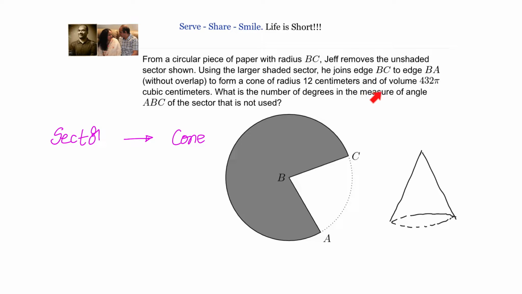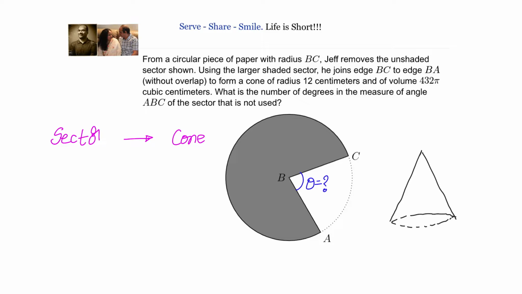What is the number of degrees in the measure of angle ABC of the sector that is not used? So we need to find out what this angle equals. That is what we need to find out.